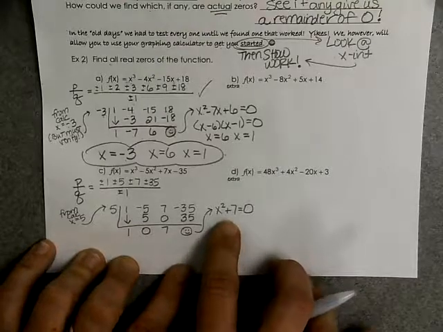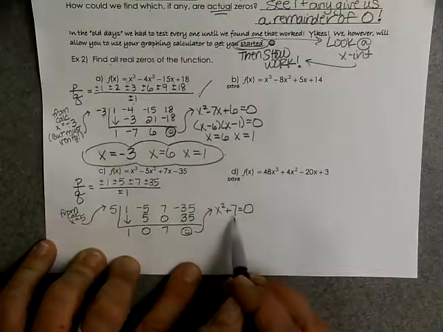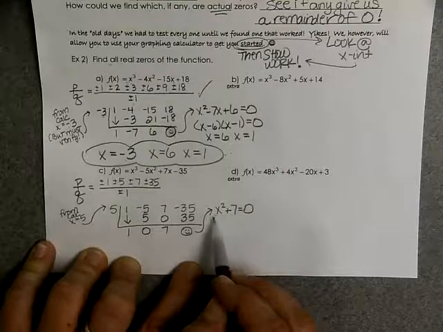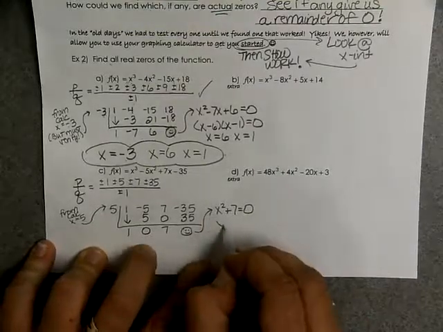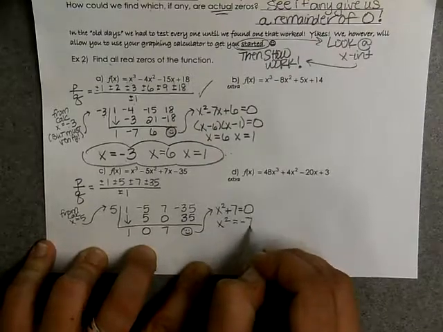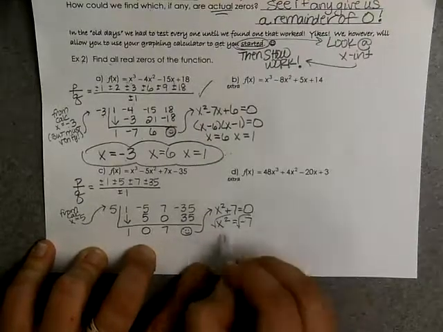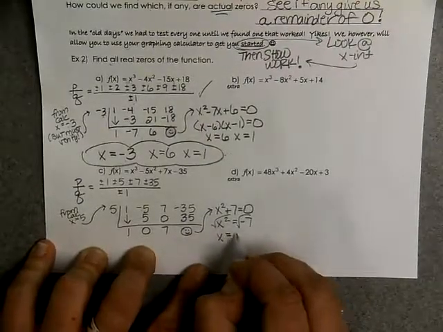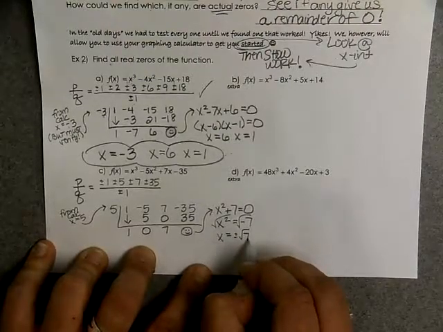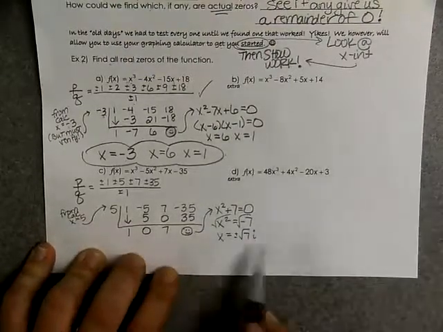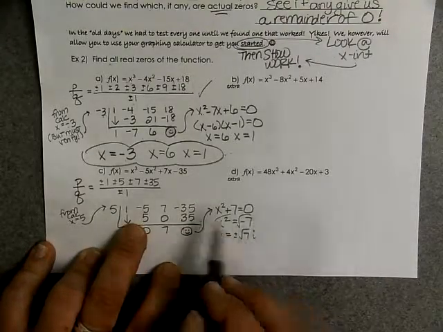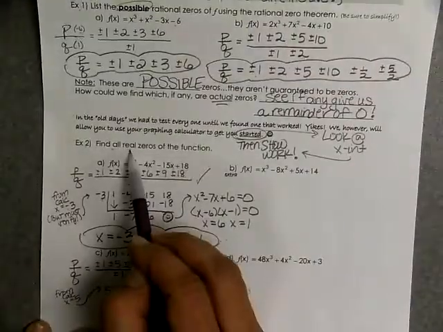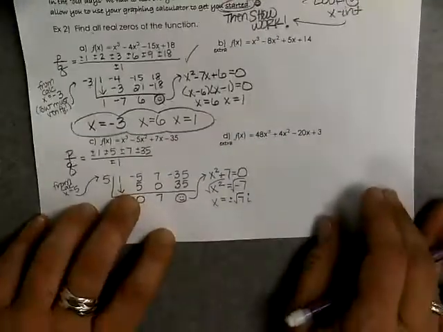Now this isn't factorable, but we could find the other zeros by solving using square roots. So I would subtract 7, take the square root, and I see that I get plus or minus root 7i. Now these are valid solutions, but the instructions just wanted the real zeros of the function.